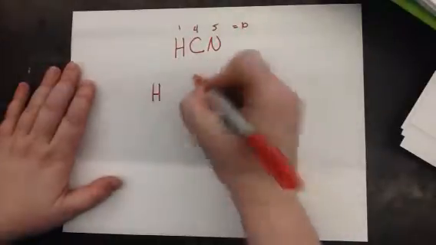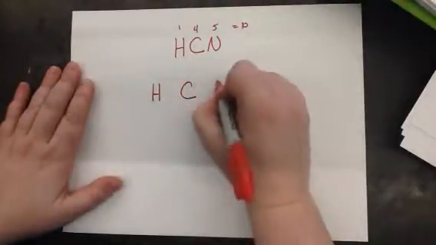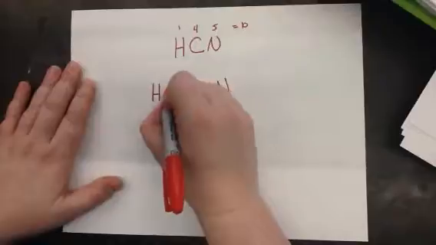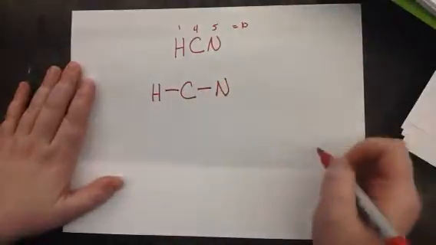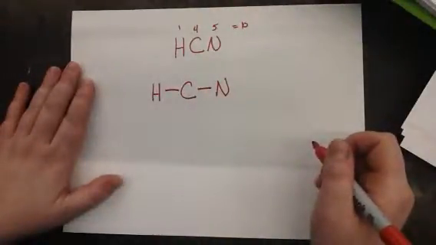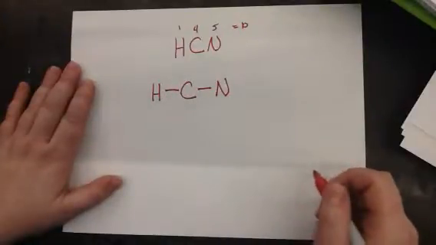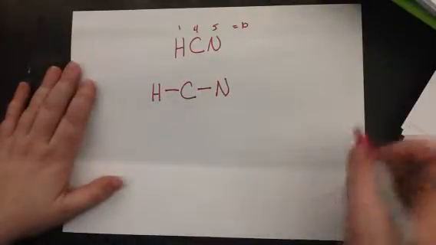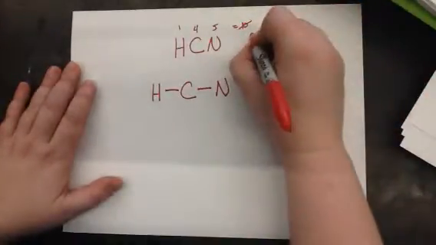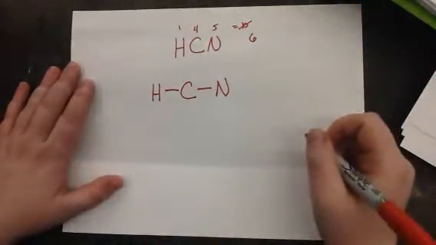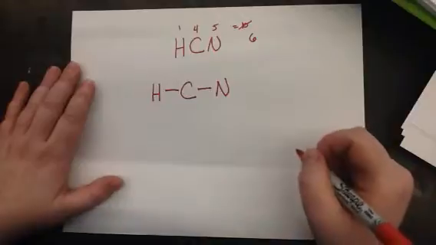So here we have HCN, so it's going to be H followed by C followed by N. And then we connect everything with a single bond. Each single bond that we draw is worth 2 electrons. So we just used up 4 of our 10 electrons, which means we have 6 electrons left to work with.